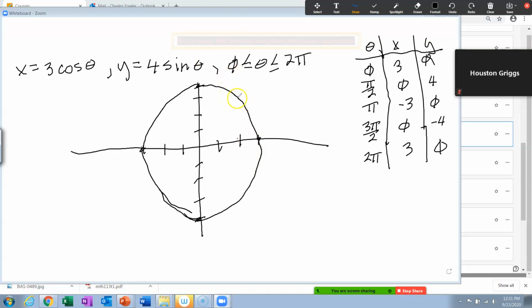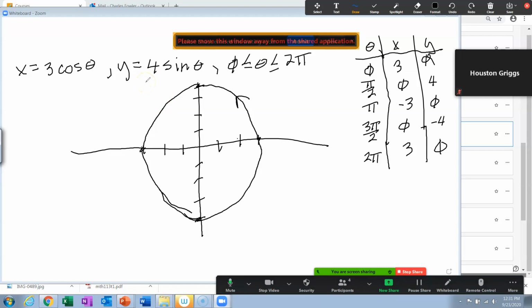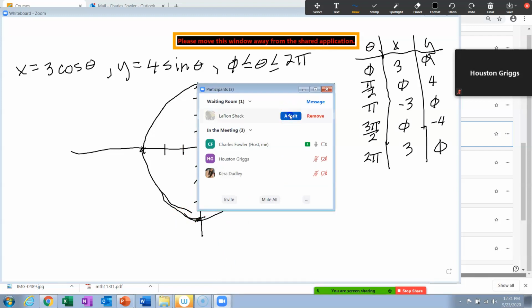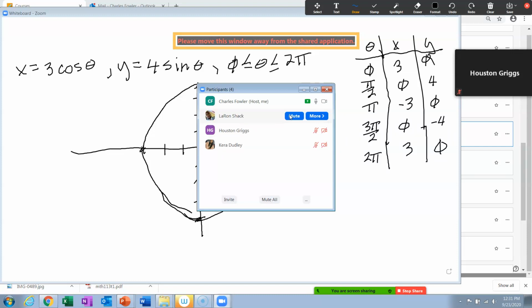And by the way, our direction, because with parametric equations you always have an orientation. Oh, here's someone coming in. I can't see who the name is. Let's see if I can catch them. It's Laron. All right. So Laron is here. Hold on a moment. Let me get my book and let me mark Laron present.